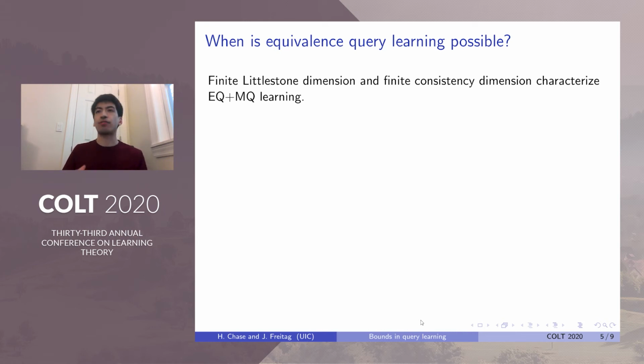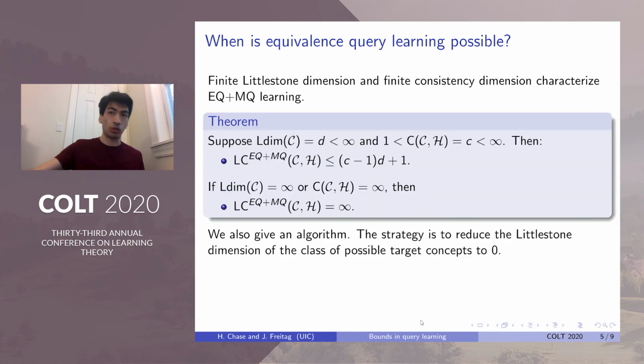But these quantities being finite also characterizes when learning is possible. In particular, if both of these quantities are finite, then we can establish an upper bound on the worst case number of queries that is essentially Littlestone dimension times consistency dimension. And if either of these quantities is infinite, then we don't have learnability.